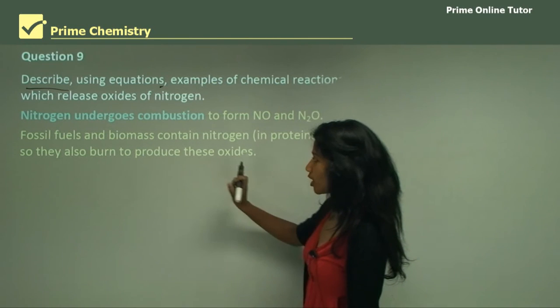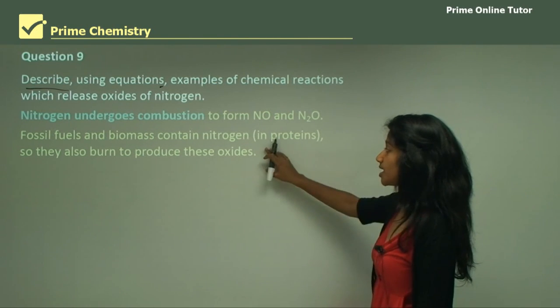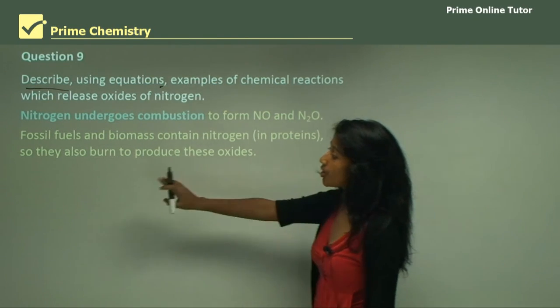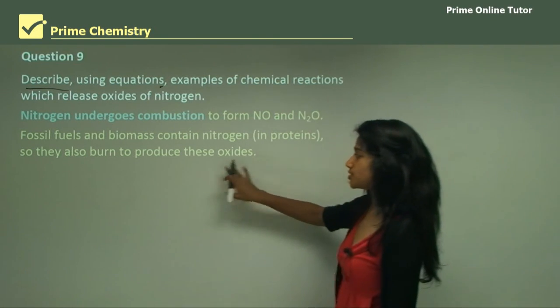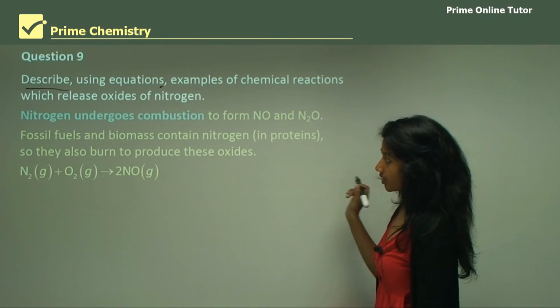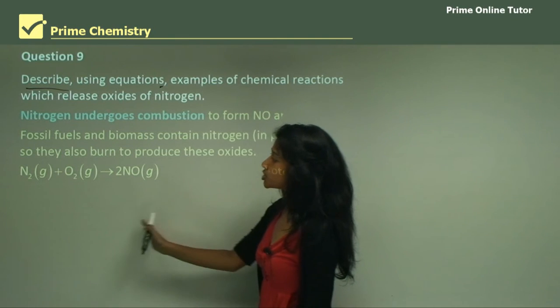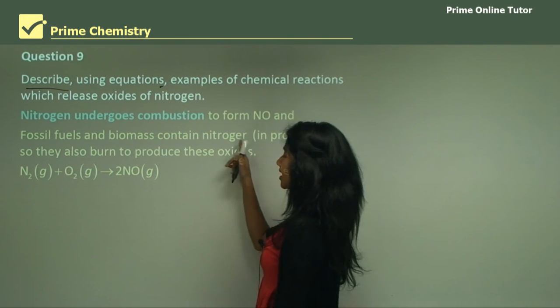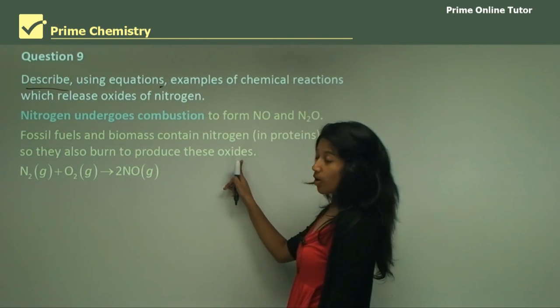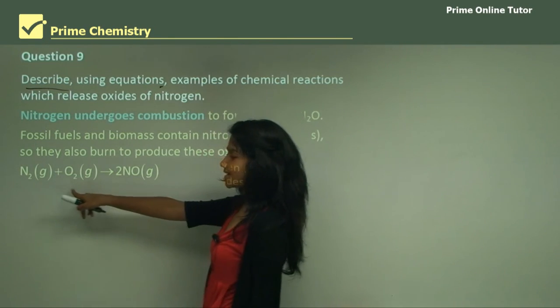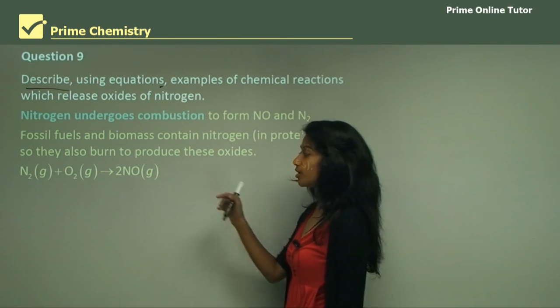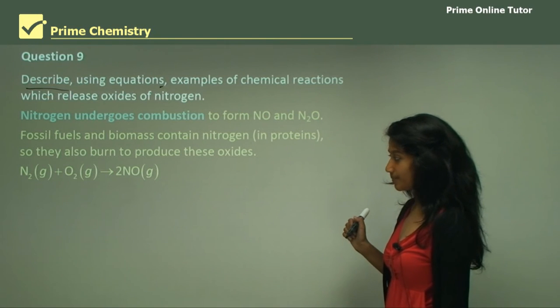Fossil fuels and biomass contain nitrogen, which is in protein, so they also burn to produce these oxides. Now you're going to give your equation. So what happens here? We're told that nitrogen burns to form oxides. Nitrogen burns in the presence of oxygen to form nitrogen monoxide.